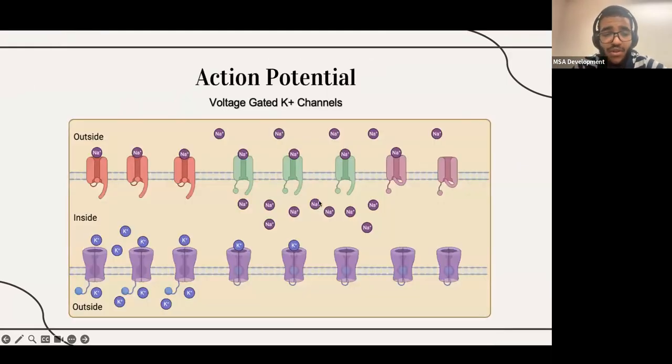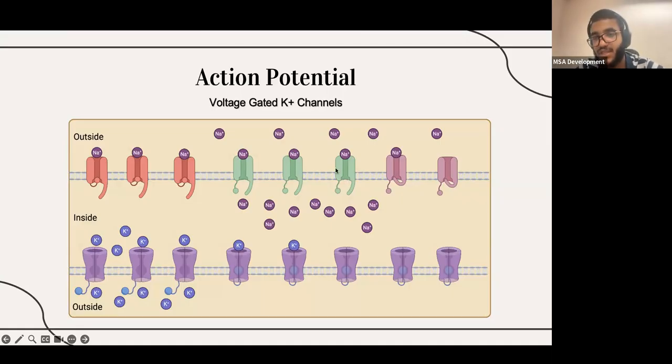Now, let's talk about hyperpolarization. One thing that's special about the sodium channels is this configuration, and it's having two gates, the activation and the inactivation gates. And I hope by now you know how that works and which gate is open at which potential, because that's very important. They'll ask you at a potential of, for example, minus 70, which channel is open, which gate is open and which gate is closed.